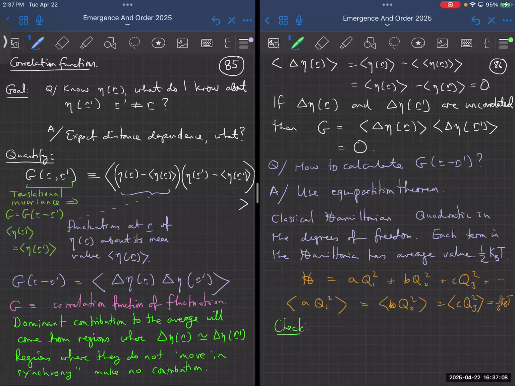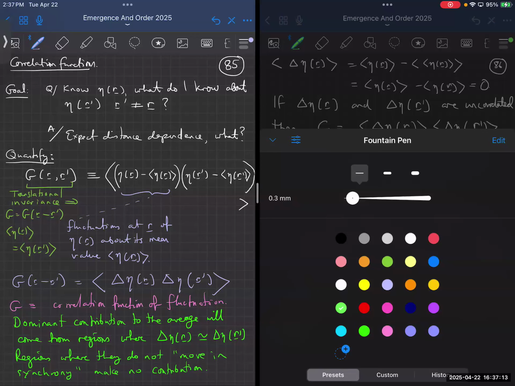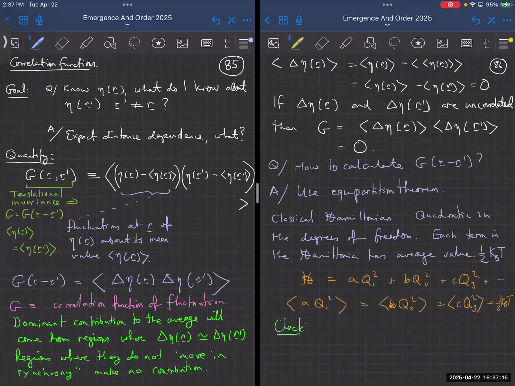Why do we care about this? Well, we have a Landau free energy that is quadratic. So our L, which I'll sometimes call an effective Hamiltonian, is 1/2 the sum over k modes of (2at plus gamma k squared) over v times eta k squared.